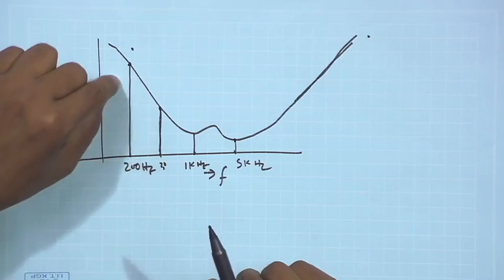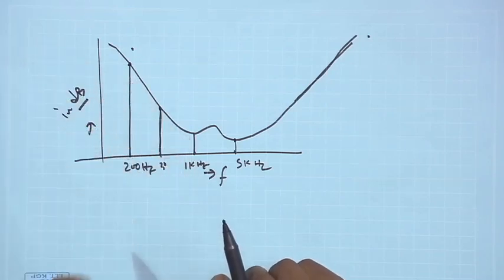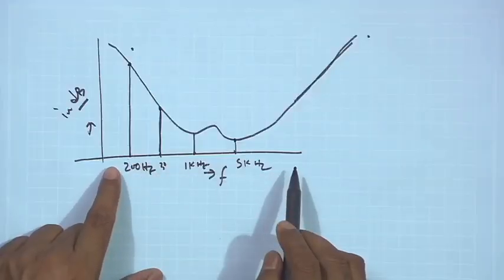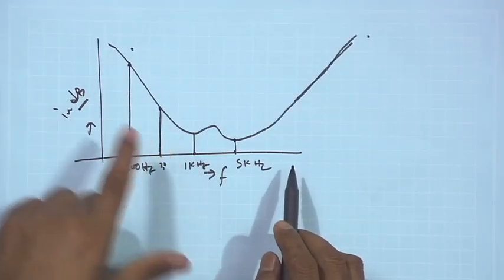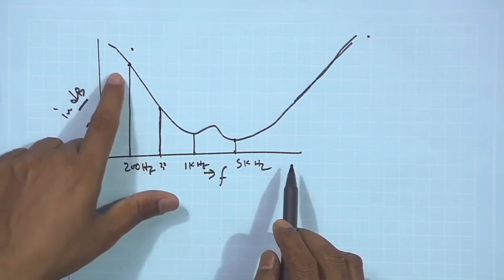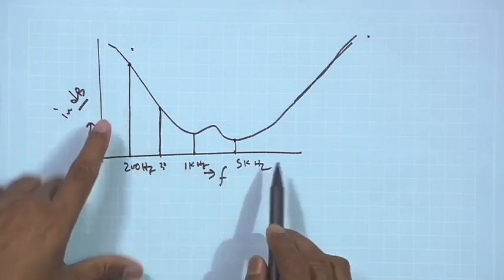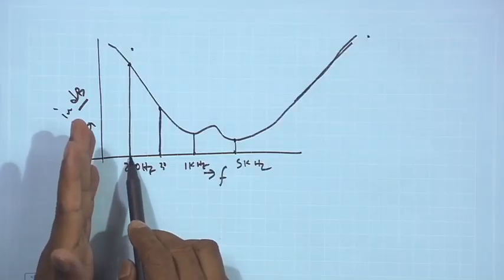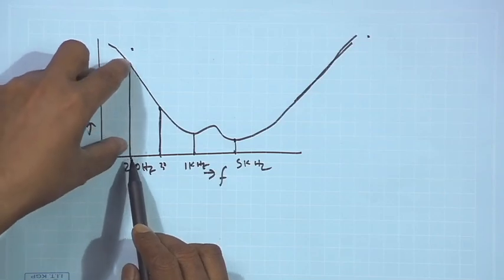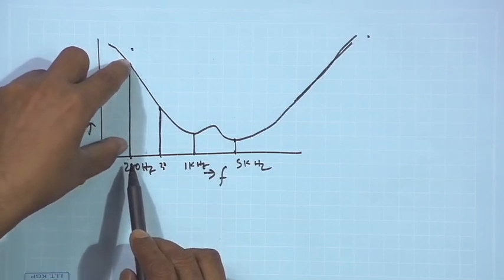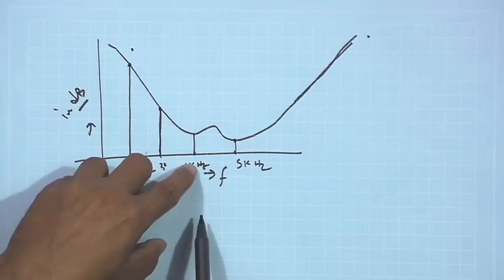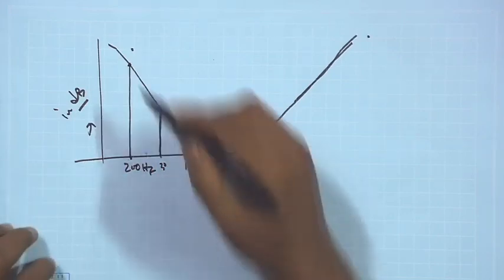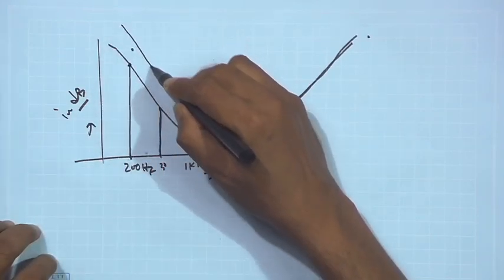This is the minimum intensity required to create a sensation in the human ear. Since the frequency response of the intensity differs, the sound perception is different. That is why for 200 hertz I require a larger intensity to reach the threshold of hearing compared to 1 kilohertz. Similarly, I can say this is a 10 dB curve.